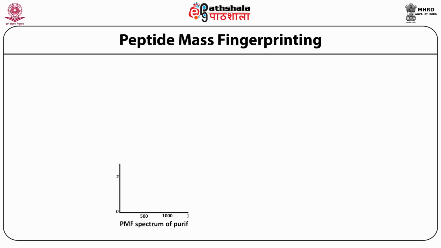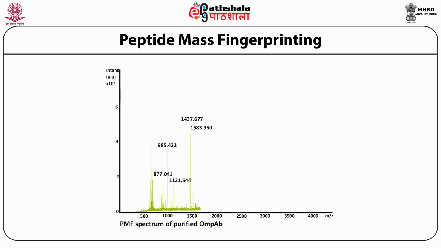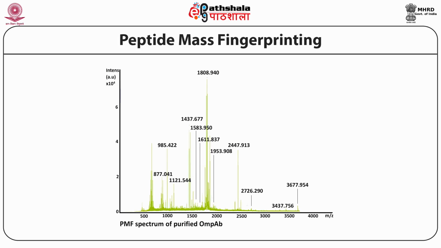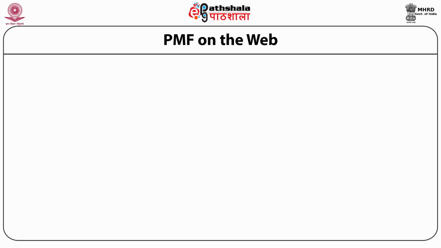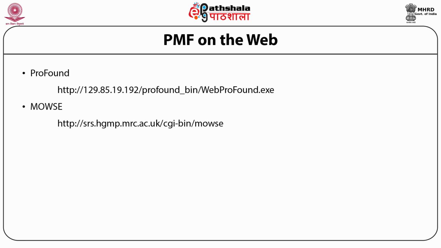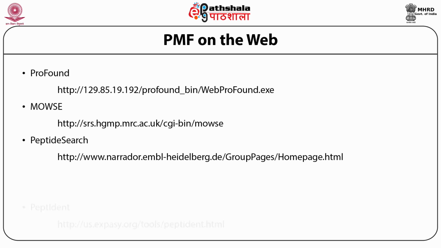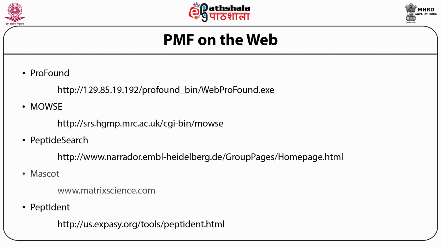It shows the result of peptide mass fingerprinting as a spectrum which came from a purified protein of a bacteria and digested with trypsin. You will find different databases related to peptide mass fingerprinting. The most common are ProFound, MOWSE, PeptideSearch, Peptident, and Mascot.